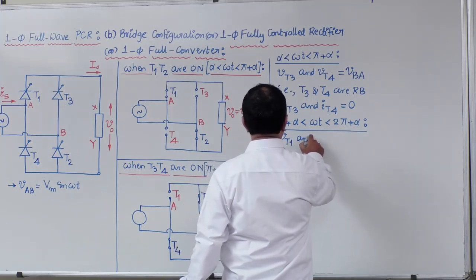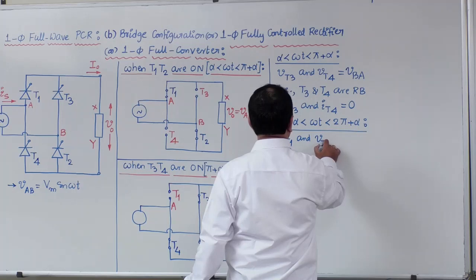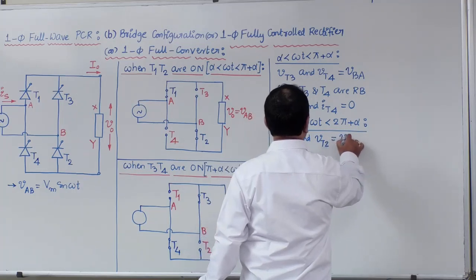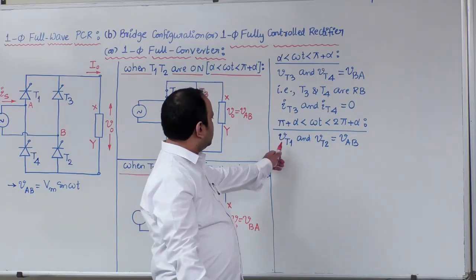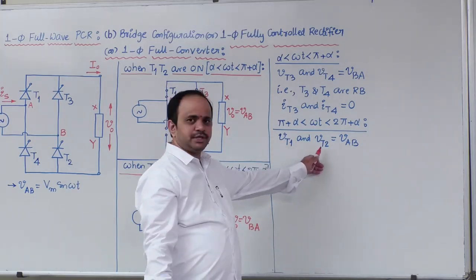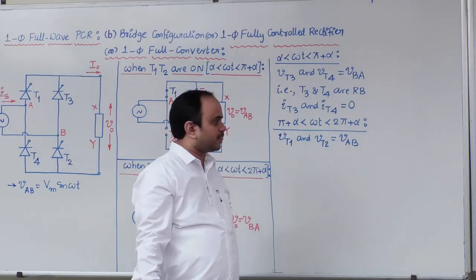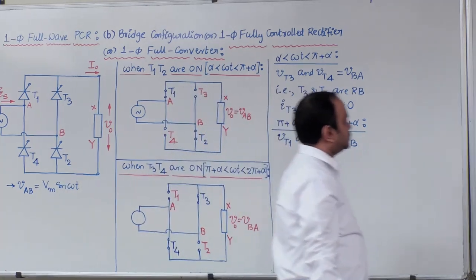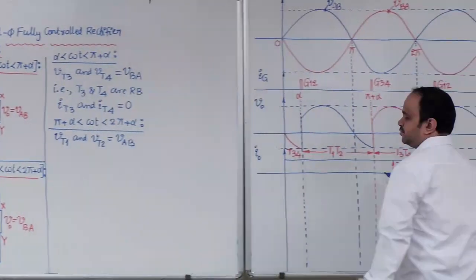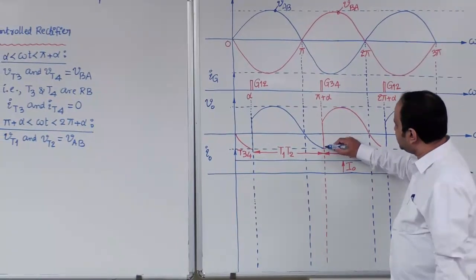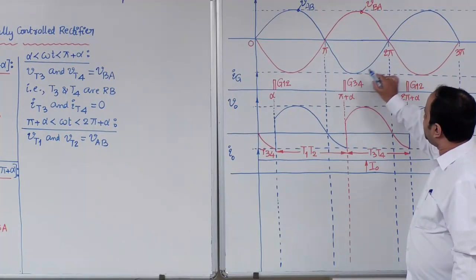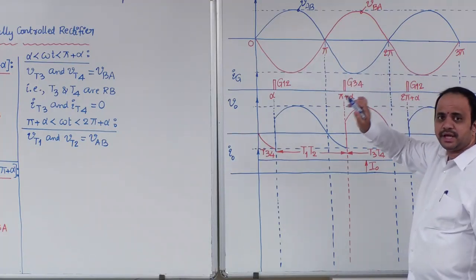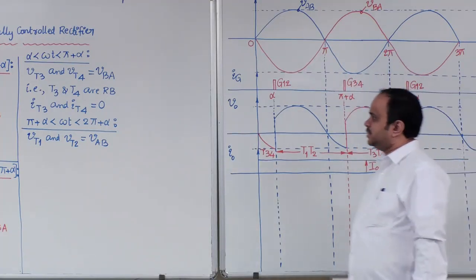So, what we can say here is the voltage across T1 and T2 is equal to VAB, right? Now, if you look into the source voltage waveform, we can understand that at pi plus alpha, VAB magnitude was negative. What do you mean by that?